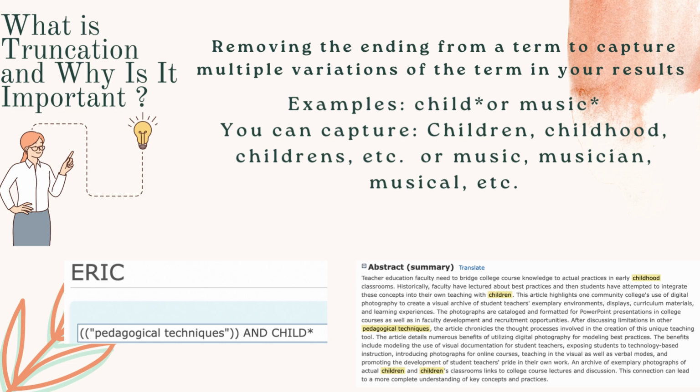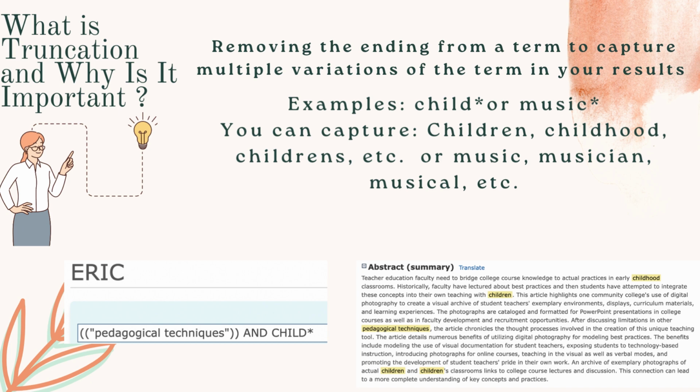For example, if I were to place the truncation symbol for the word child after the letter L as opposed to the letter D. So if I were to write CHIL asterisk, that would be completely different from me writing CHILD asterisk. Completely different results. I can guarantee that it would retrieve completely different results. So, that is something super important to note.